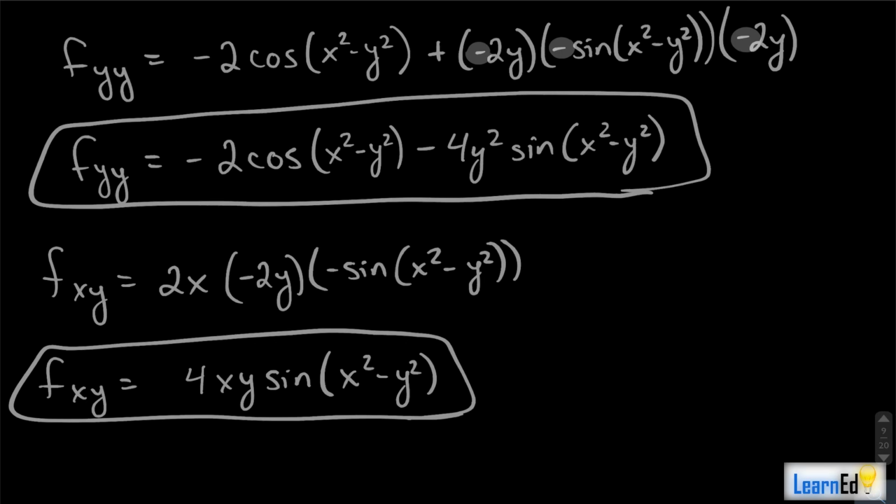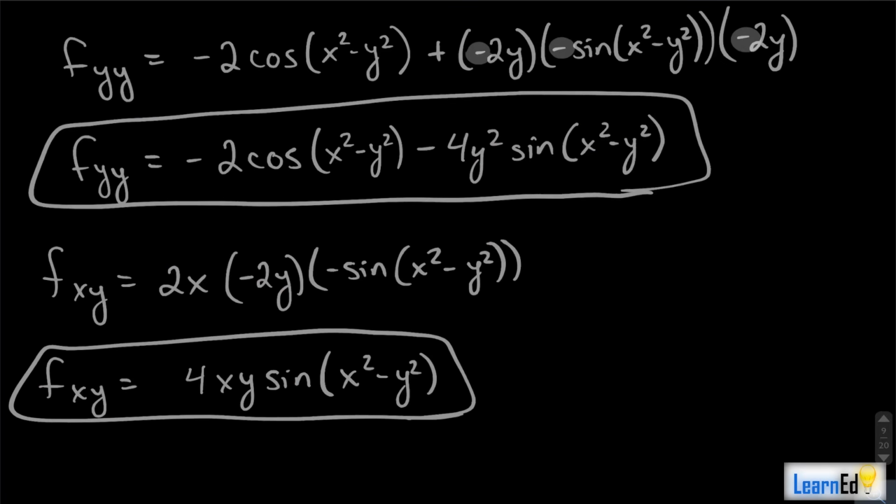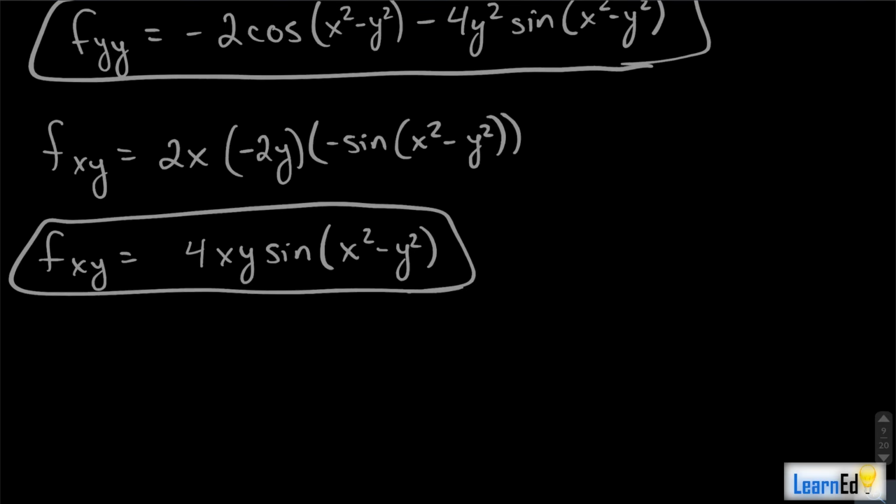All right. Now, for the last partial derivative, fyx, we actually already have it. And how do we already have it? Well, there's this thing called, I hope I don't butcher this name too hard, Clairaut's theorem. Okay? And I'll write that so you can all see exactly what I'm talking about, and maybe looking at it will jog your memory a little bit more than hearing me say it.